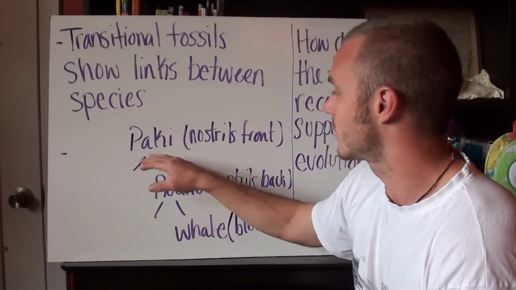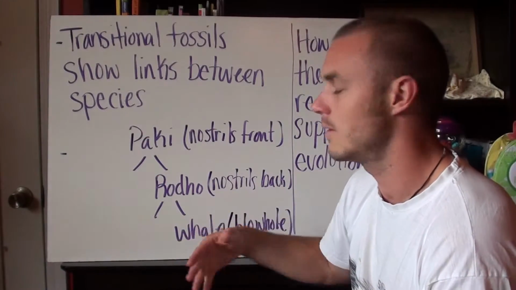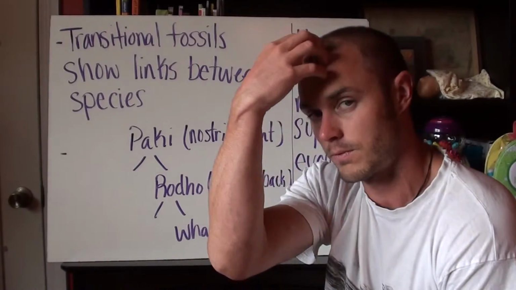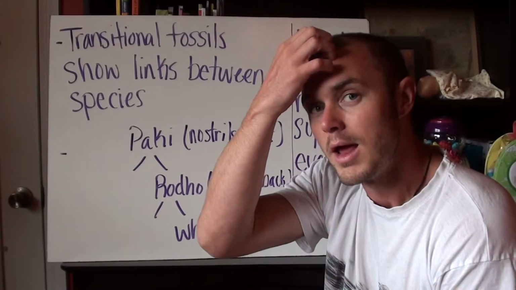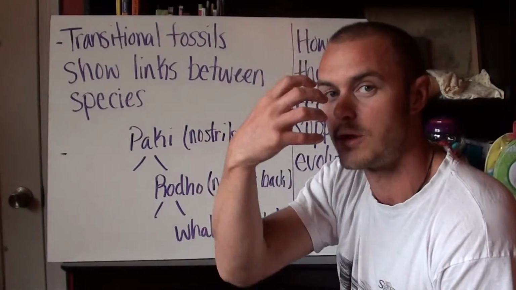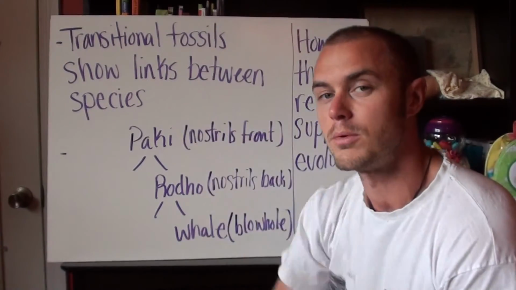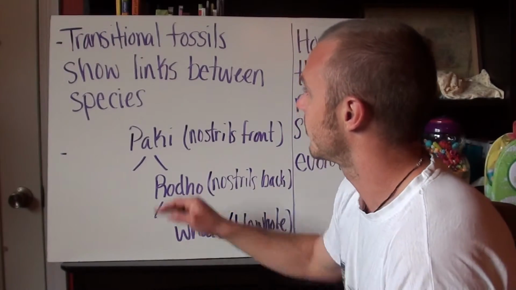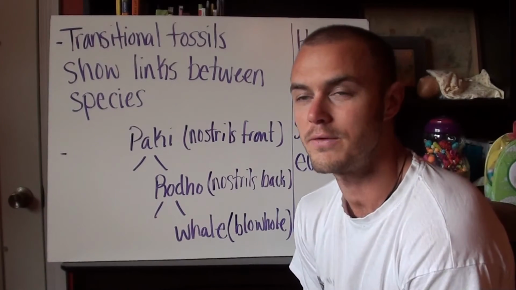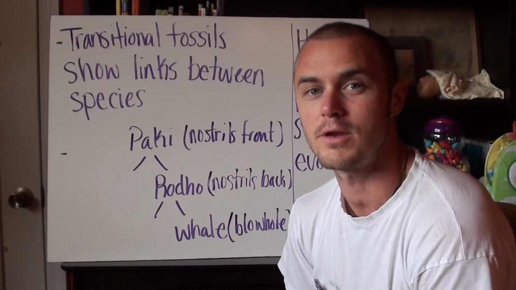Then as time goes by, mutations occur. The nostrils move from the front to the middle of the head, and then in the modern whale, the nostrils have come together to form the blowhole on the top. And we can see that through transitional fossils. And that covers everything for evidence of evolution.